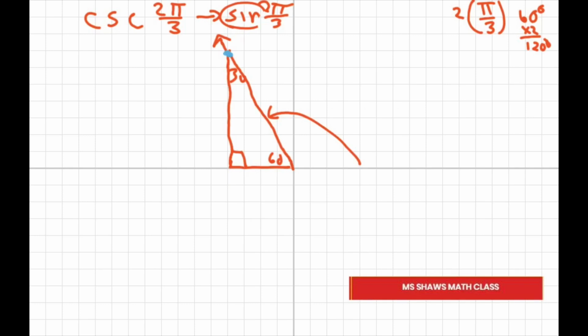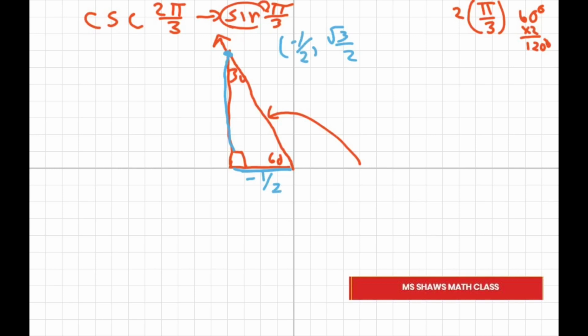So for those, the 60s and the 30s, we know the longer side is square root of 3 over 2. That's your y. And your shorter side is going to be 1/2. But since they were in quadrant 2, it's going to be negative 1/2.